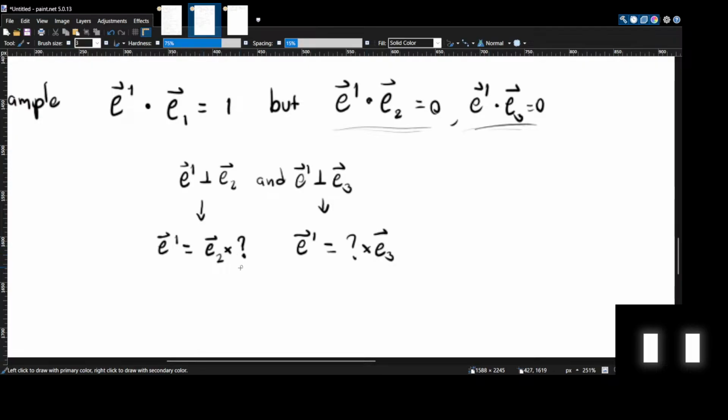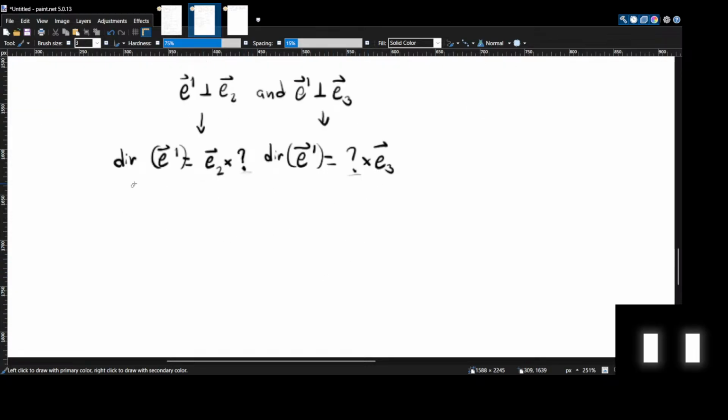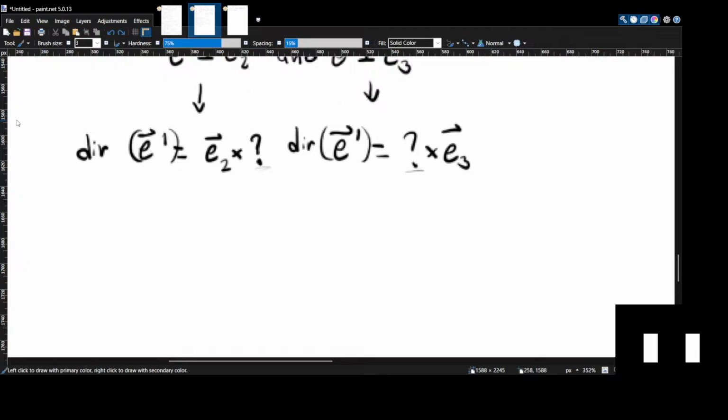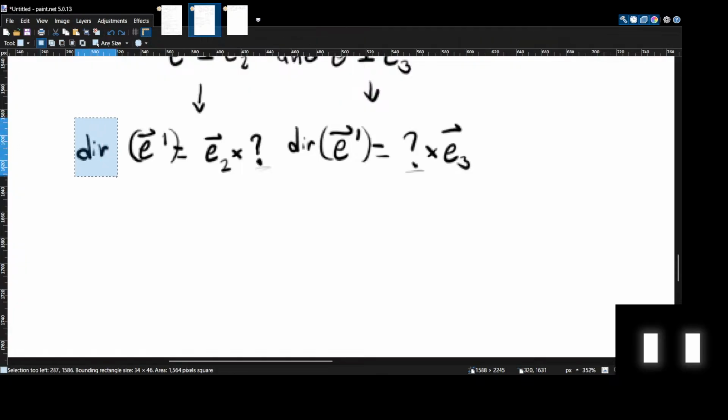Can you take a guess what's in the question marks? At least this is the direction of the vector. Obviously, I'm just going to change this to E hat, because no one uses this notation. It's just me who's using it right now. We just came up with it like 5 seconds ago.